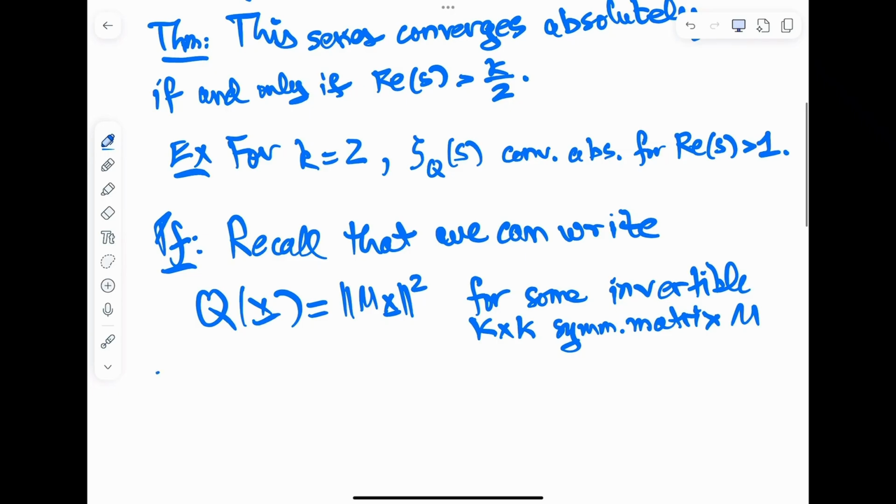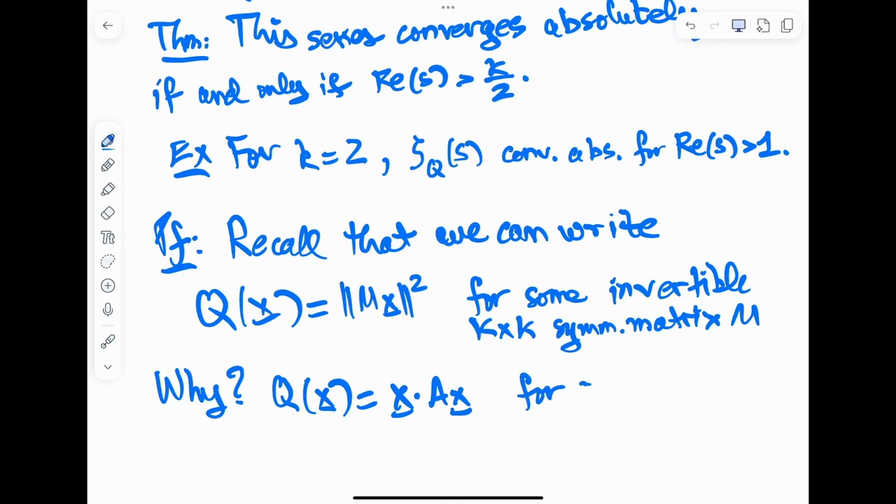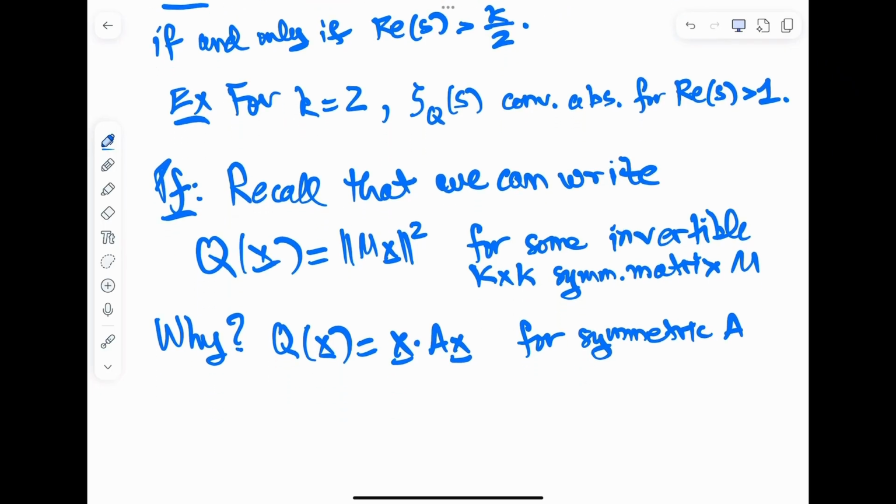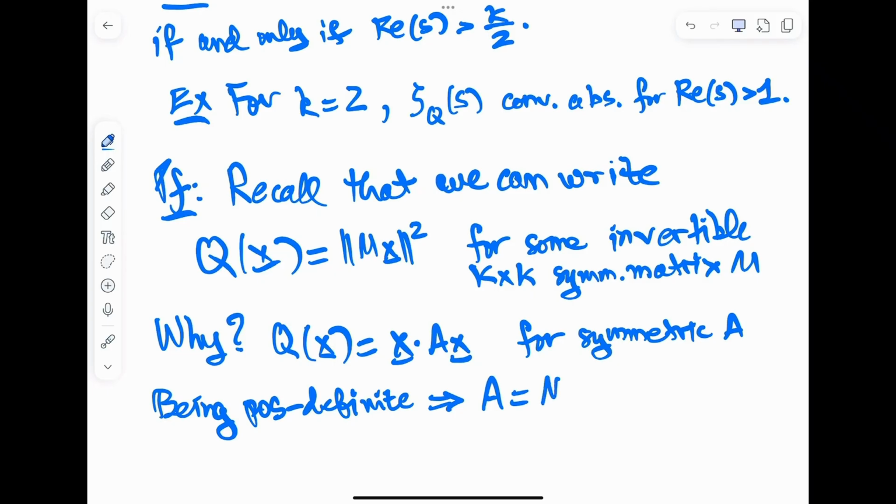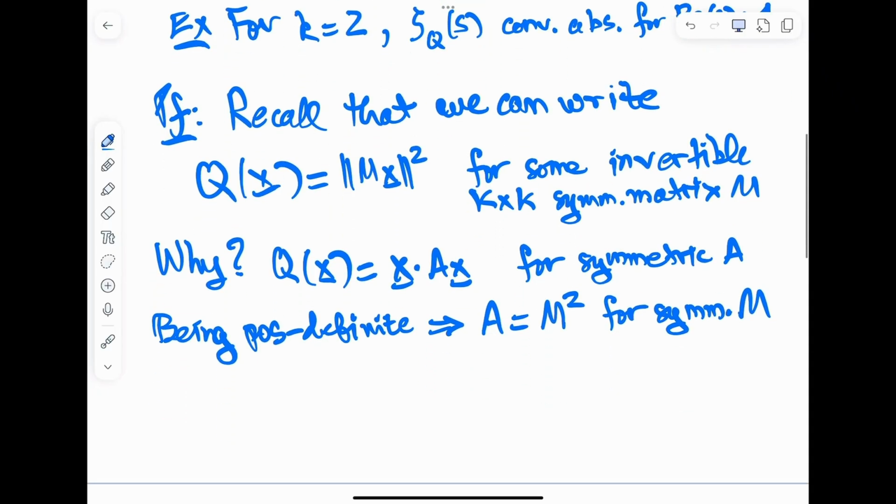The place where that comes from, let me just remind you, is that to start off, we can always write a positive definite quadratic form in this way for a unique symmetric matrix A, and being positive definite turns out to imply that A is M squared for a symmetric matrix M. You use the spectral theorem to get that.